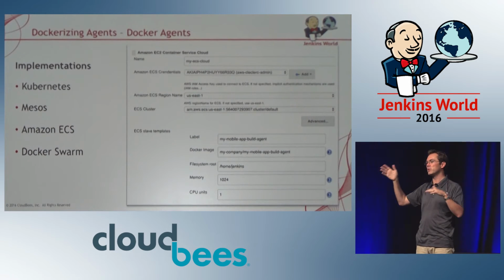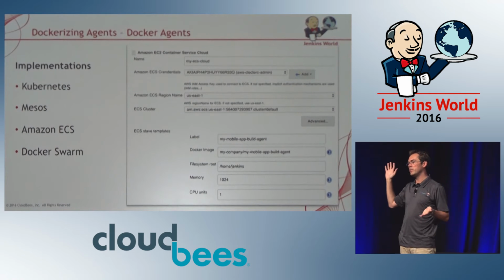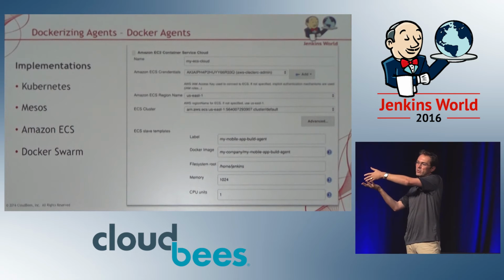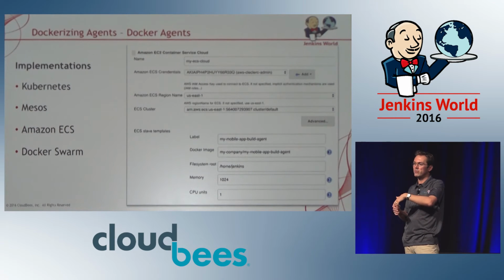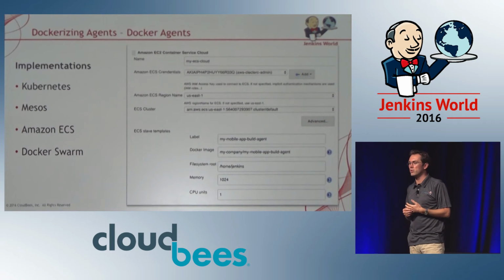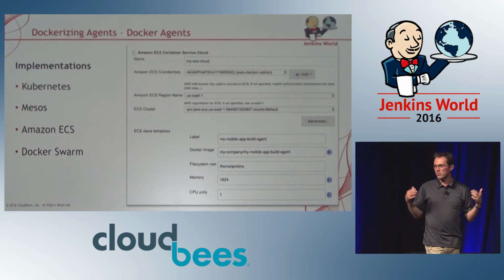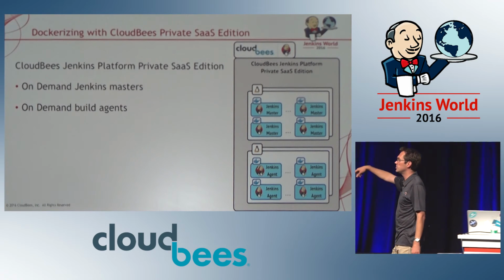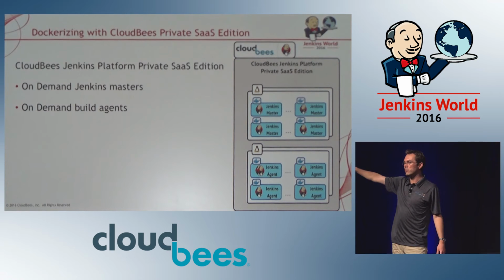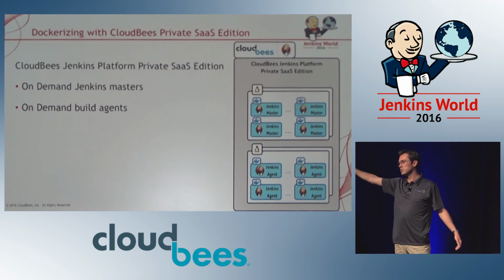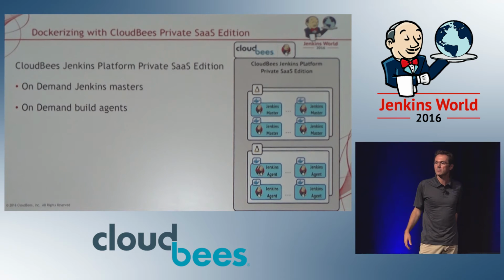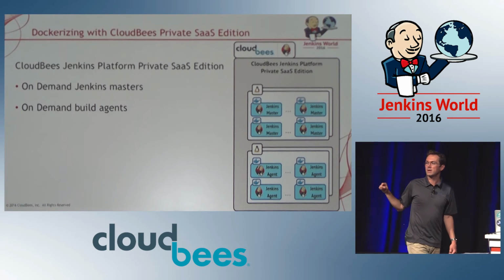If you use Mesos, Kubernetes, ECS, Swarm, it will be solved, because you would connect all your masters to the same orchestration service, and then this orchestration service is in charge of spreading the workload when needed. And it's what we do in CloudBees Jenkins Operations Private SaaS Edition. All your masters, we use Mesos internally. All the masters talk to Mesos, and this Mesos manages physical resources, and this is where all our build agents work. Is this clear?